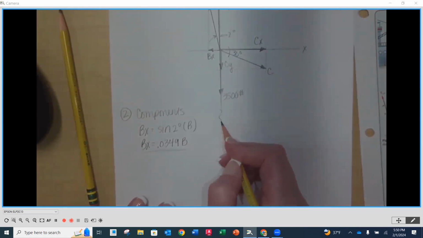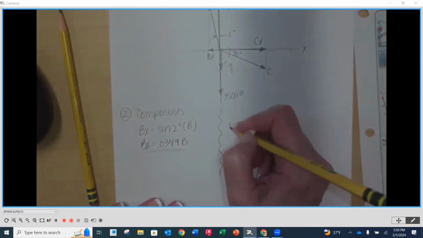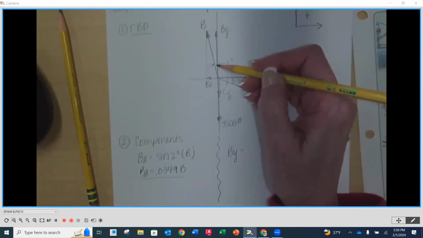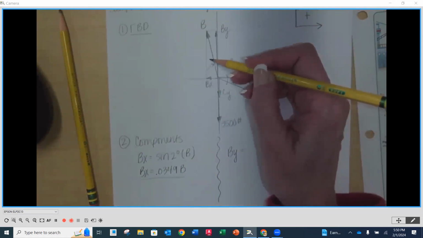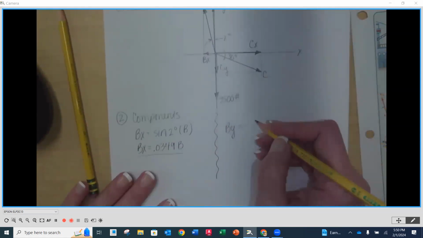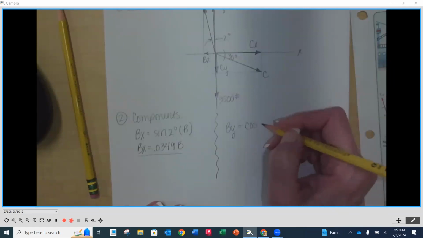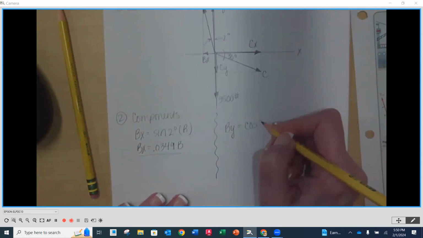And then over on the other side here, just what I always do, I'm going to put my Y's over on the right. So BY then is going to be equal to, oopsie, BY is here. So that's going to be the side adjacent over the hypotenuse. So this is going to be the cosine because of the position of that 2 degrees. Don't get too comfortable that your cosines are your X's and your sines are your Y's. They're going to throw some of these in here, so watch for that.